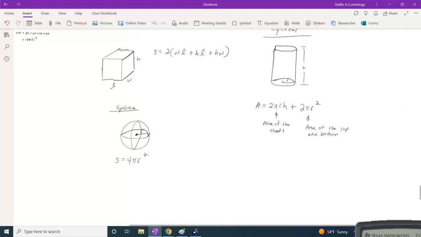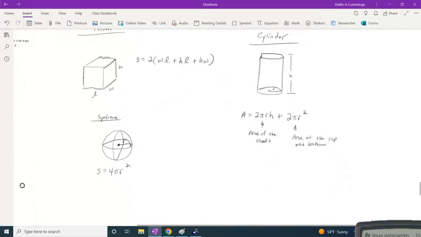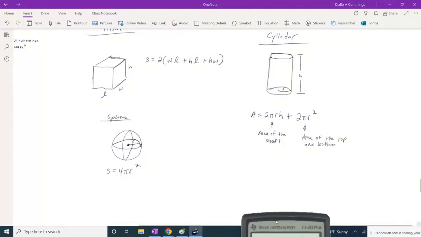Okay, so these are the 3 solids that we're going to take a look at in the third part of Module 4. All right, so I'll give you a second to copy those down.